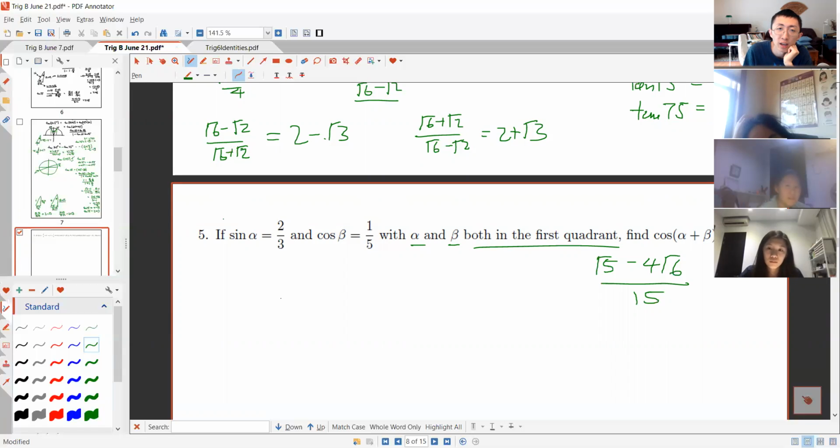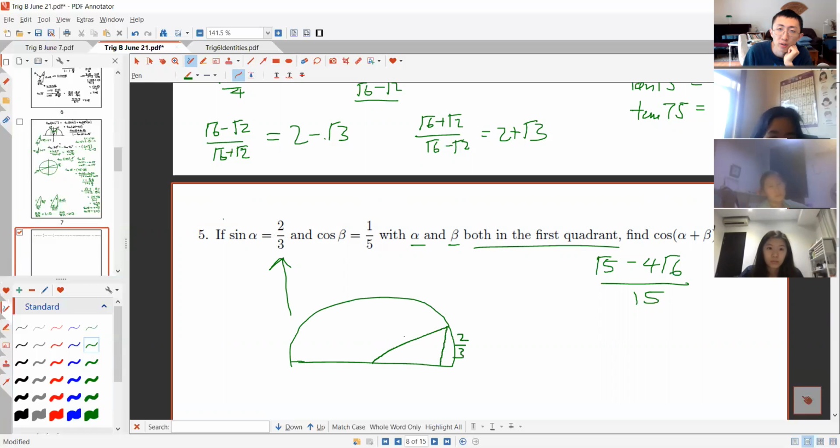Okay, yeah. So how many angles have sine of alpha being 2/3? 2. Yeah, one of them is in the first quadrant. Where's the other one? Second. Yeah. So what would be the cosine of alpha if it's in the second quadrant?